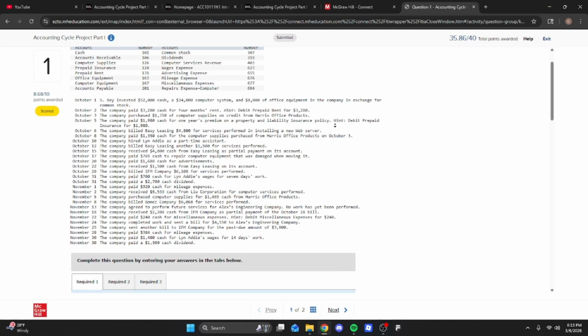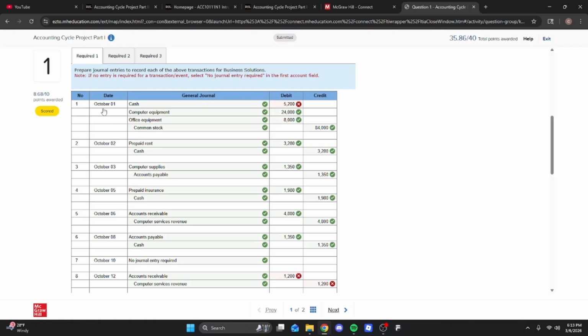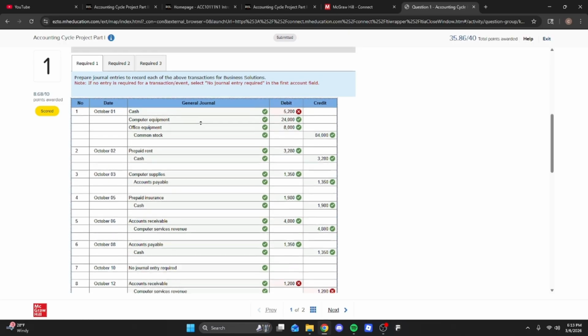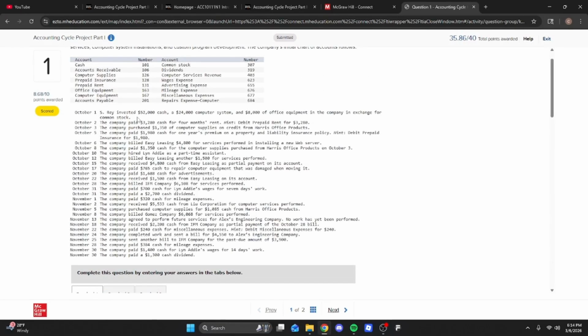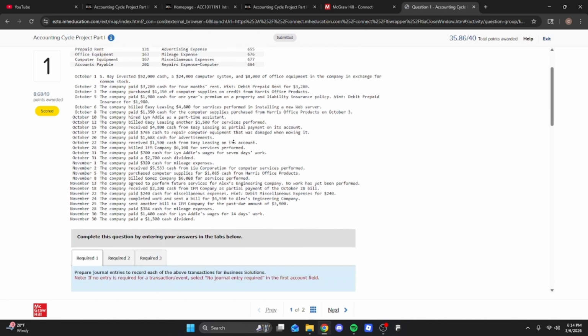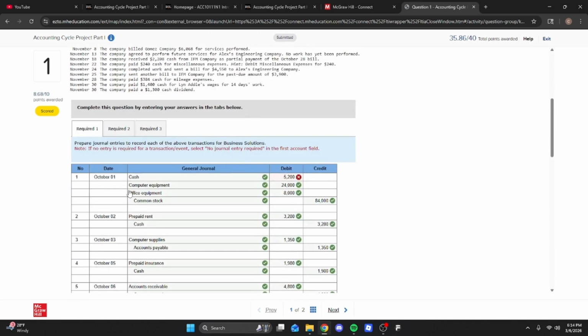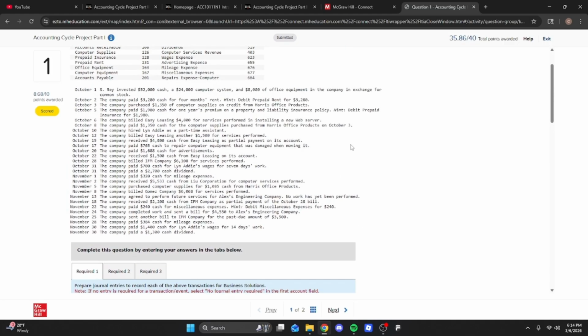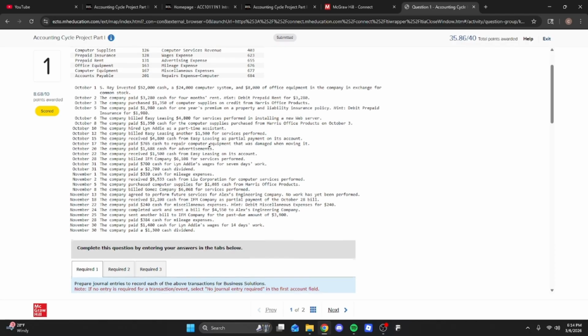common stock. For example, we will list out the date that corresponds, so our first journal entry is going to be on October 1st. The different information that we have is that he invested cash, computer system, and office equipment. We take that, cash, computer equipment, and office equipment. We list all of these out separately alongside their different values. So for example, this should be $52,000 in cash.